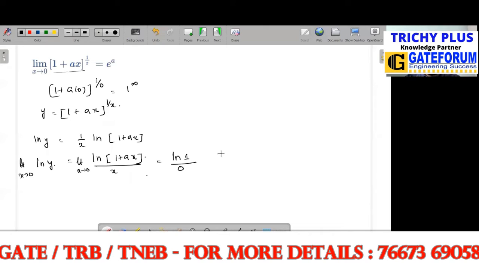Log base e of 1. Last class, in the class before, we saw it. So it is nothing but 0 by 0. Now, 1 power infinity is converted to 0 by 0, but you have to remember that this is not the limit x tends to 0 of y, but the limit x tends to 0 of ln y.